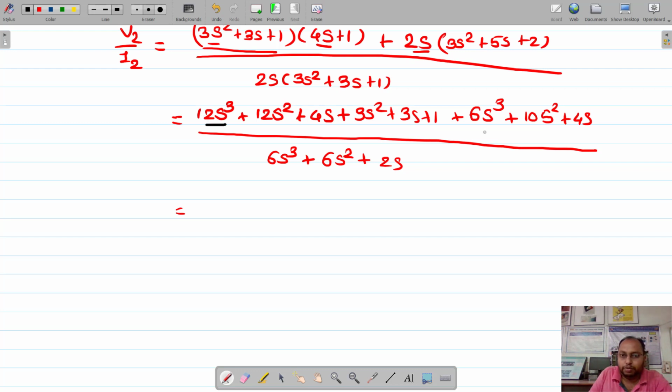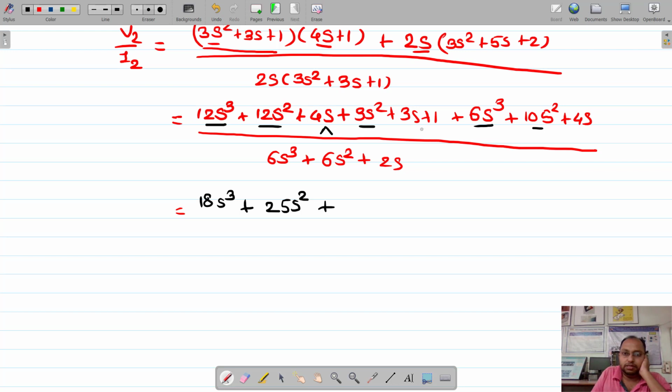Mark the cube terms. So 12 plus 6, 18s cube. What about the s square terms? 12 plus 3, 15, 15 plus 10, 25, so 25s square. Is it correct? Yes, it is.